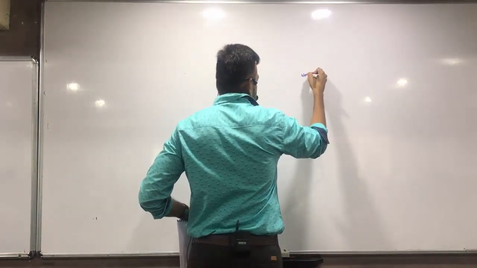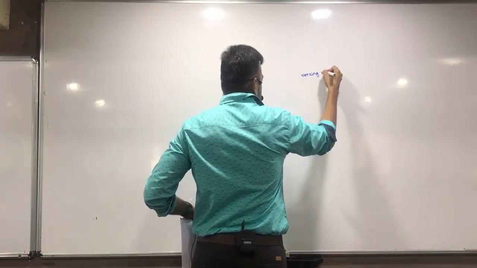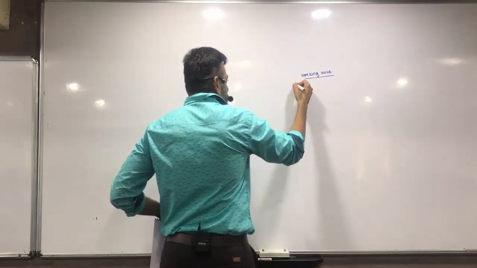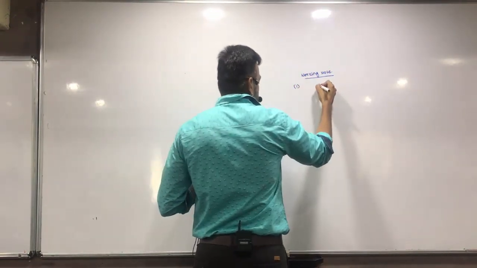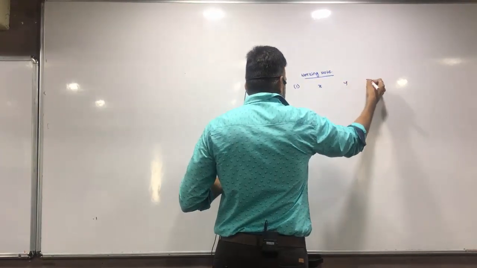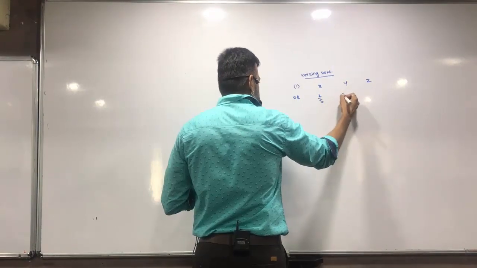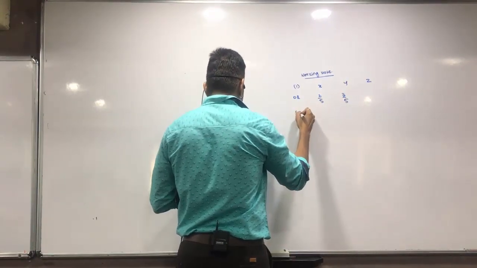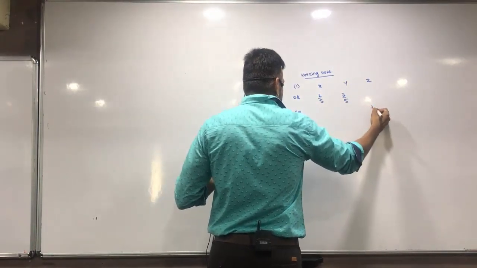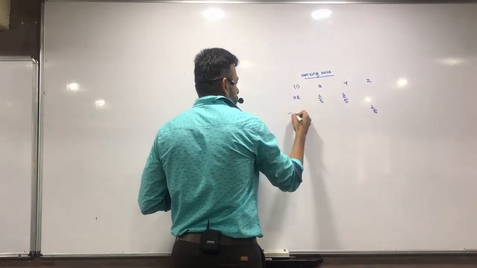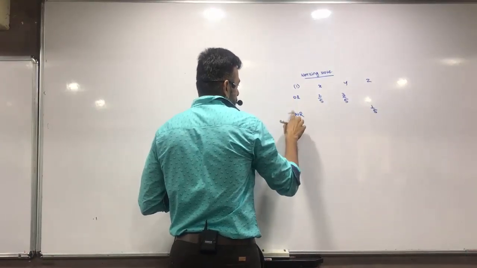Working. First, X, Y and Z. Old ratio 2/5, 3/5. Z's share is 1/5.